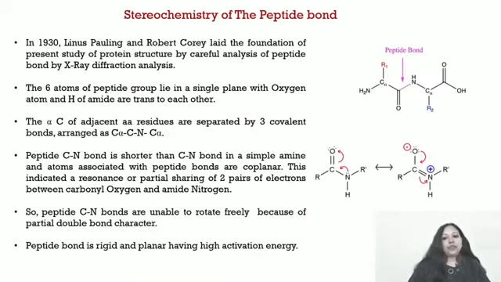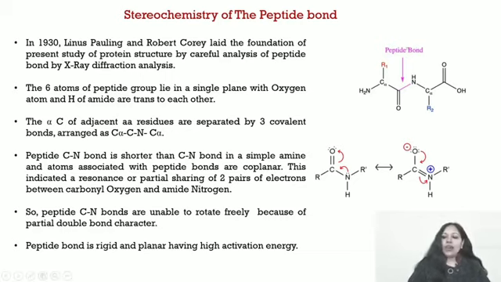The credit for the overall three-dimensional structure of proteins, and the careful analysis of the peptide bond, goes to Linus Pauling and Robert Corey, who laid the foundation of the present study of protein structure by X-ray diffraction analysis.